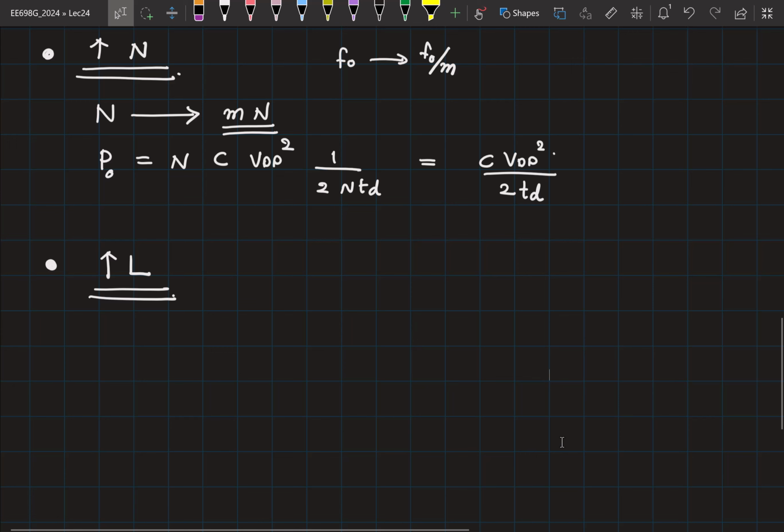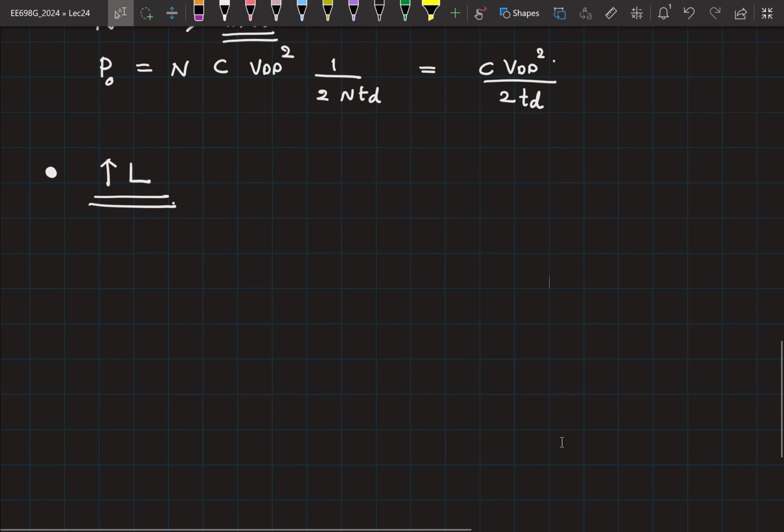So length has to be increased by M times. Everybody agrees? Okay. Let's say I increase my length by K times.